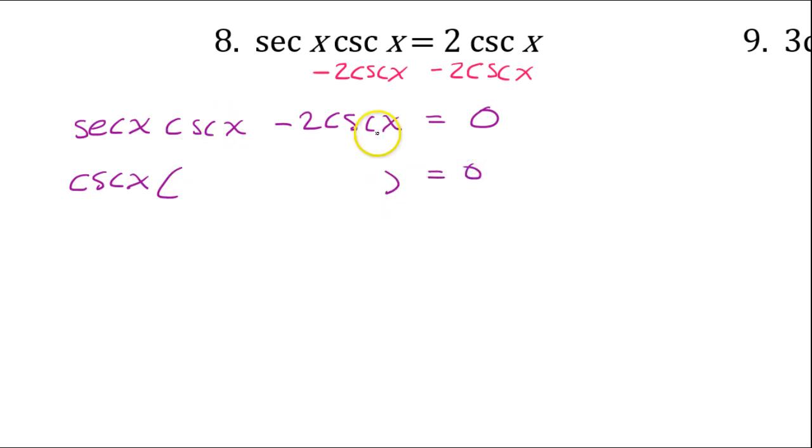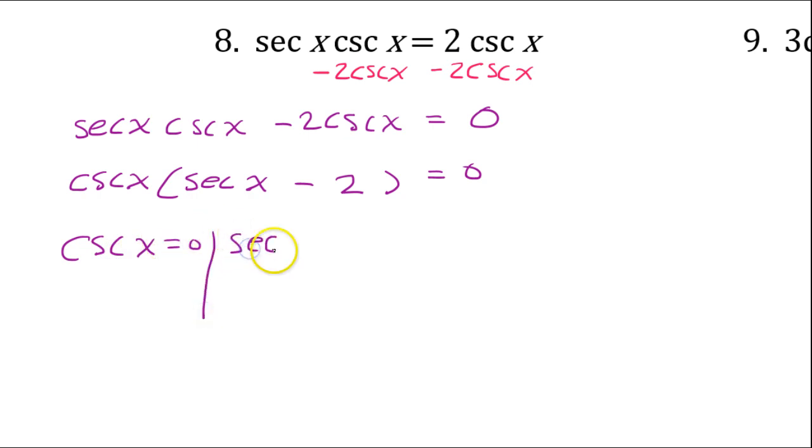If I take those away, that leaves me with secant x minus 2 is equal to 0. Now I could use the zero product property and set cosecant x equal to 0, and I could also set secant x minus 2 equal to 0.